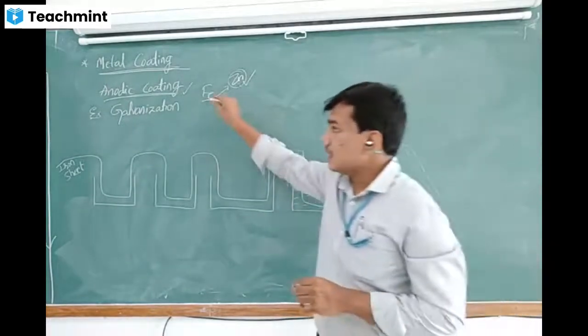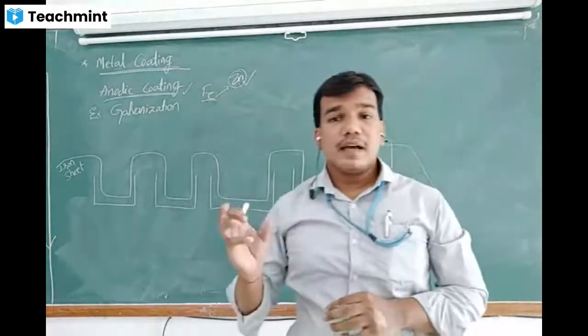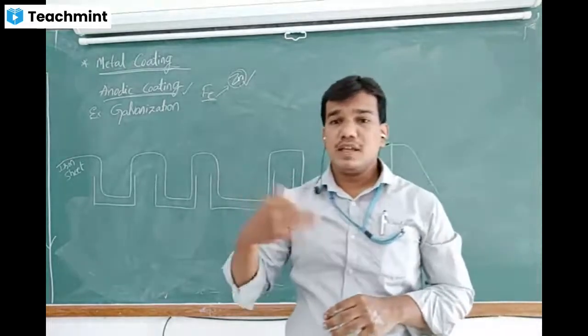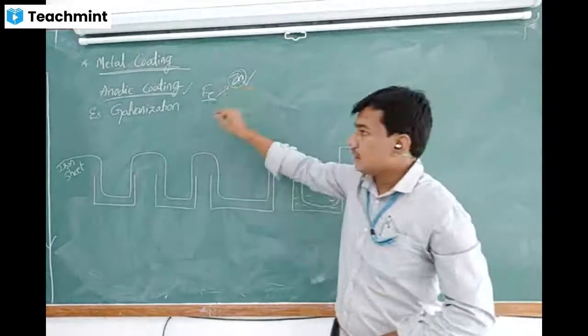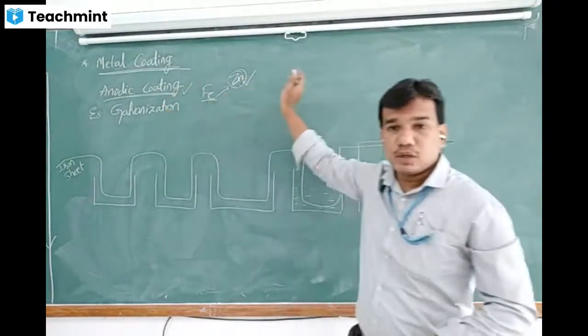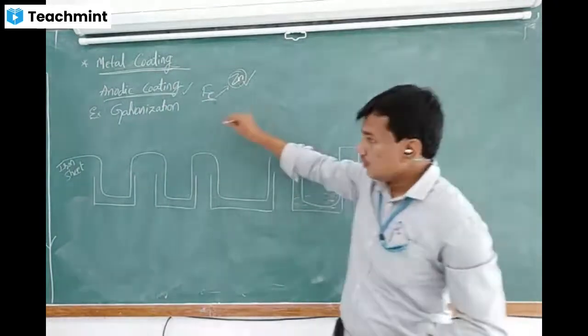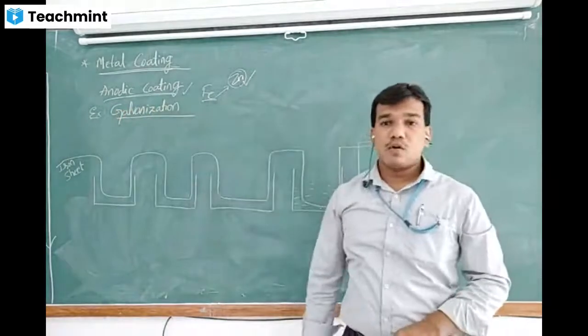The cathodic coating means the coating metal should act as cathode to the base metal surface. The best example of anodic coating is galvanization, and of cathodic coating is tinning. For your syllabus they have mentioned only galvanization, anodic coating.